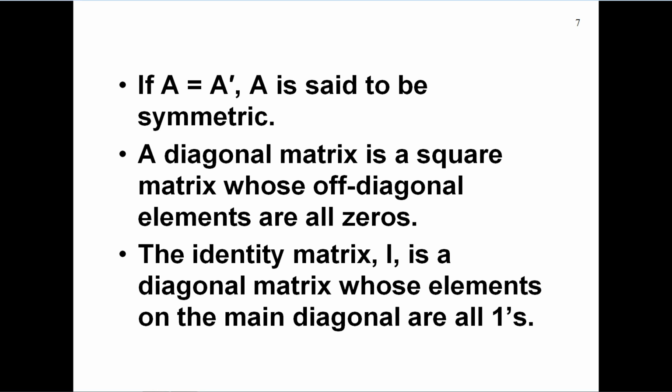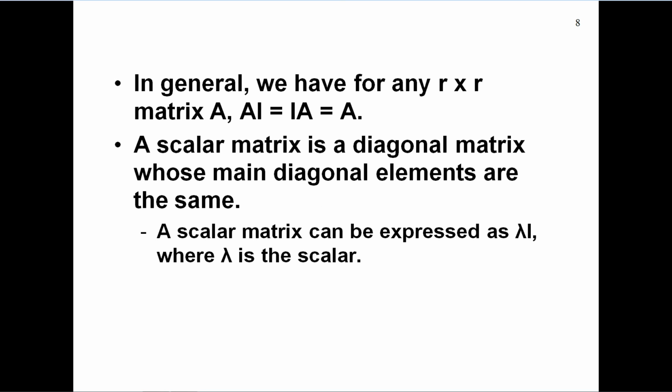A diagonal matrix is a square matrix whose off-diagonal elements are all zeros. So we have this diagonal that has some values on it, and everywhere else we have zeros. We call that a diagonal matrix. A particular diagonal matrix of great interest is the identity matrix, and that's the diagonal matrix which has ones on the main diagonal.